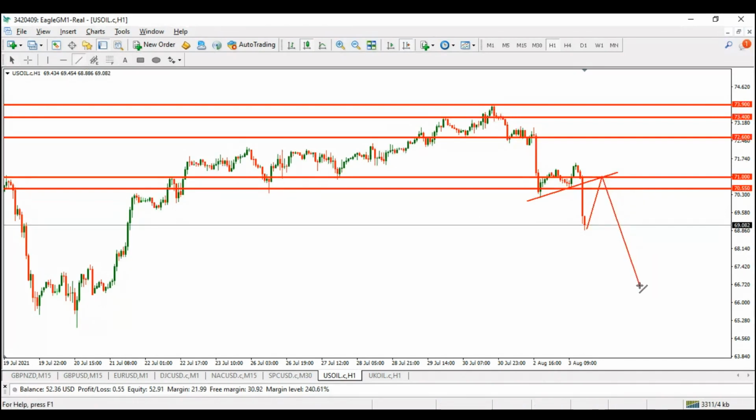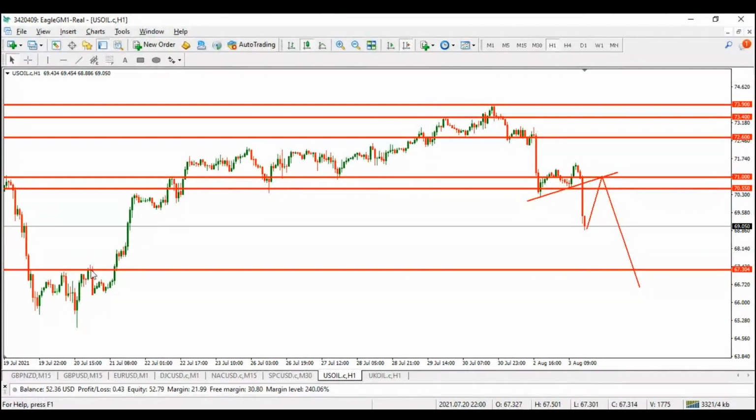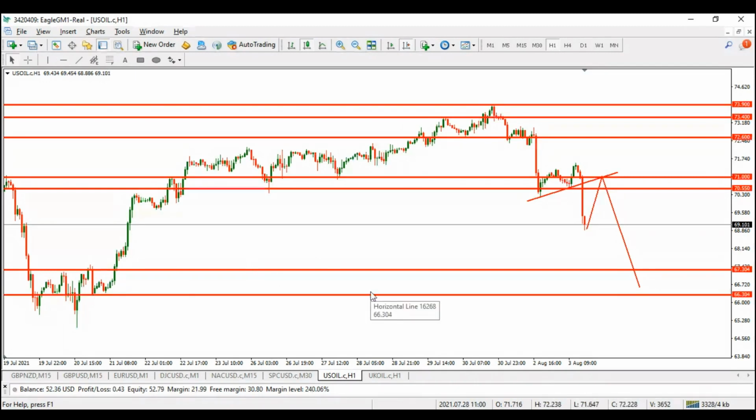The analysis already said the downside prevails, which means it's going to drop. Where do you look for targets? Somewhere around here, 67.304 and 61.340. These are areas you want to look for targets if it does retest and starts going down.